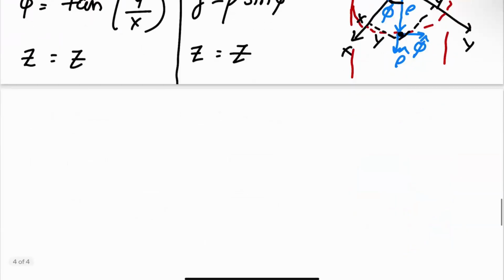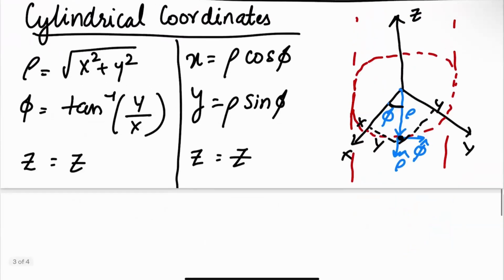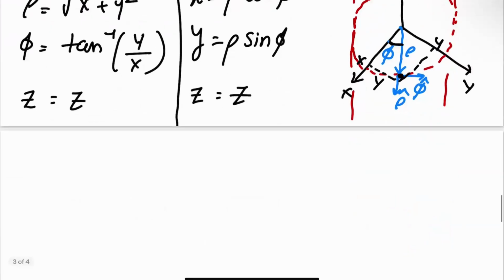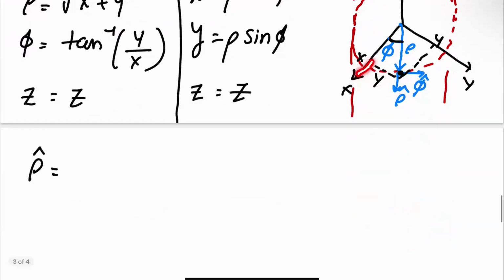Okay, so the next thing is to write down the unit vectors. So how do you write down rho hat in terms of x hat and y hat? You can see that as you go around this circle, rho hat becomes x hat when you're along x.